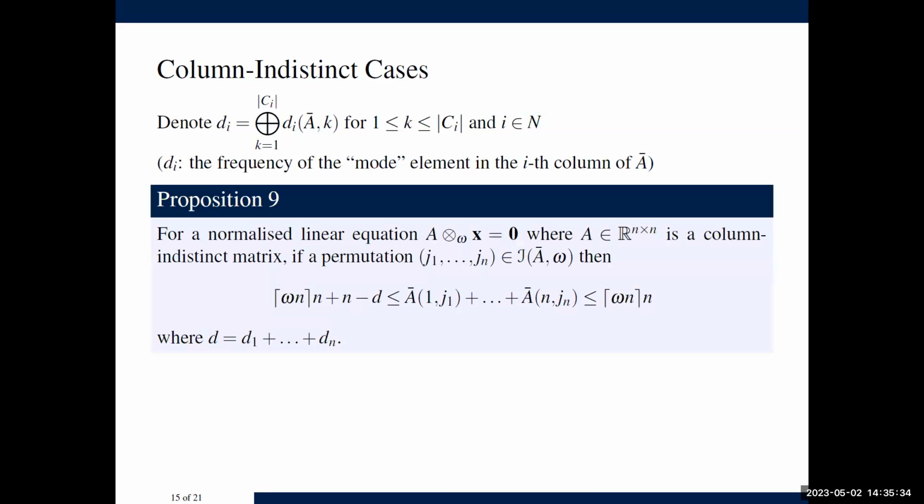And this is the modification of proposition 8. In proposition 8, when the matrix is column distinct, we have exactly an equal sign, while in the column indistinct case we have a lower and upper bound. The upper bound is given by this one, so n minus d, where d is the total of frequency in each column.